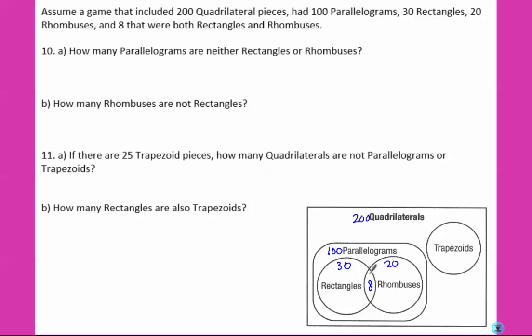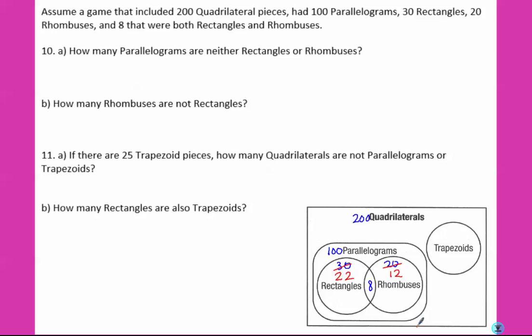Now, because of the 8 in this overlap, there's not actually 20 in this part of the circle. There's only 12 because 8 of them are accounted for in the overlap. Same with the rectangles. Because there's 30 here, but there's 8 in the overlap, there's really only 22. So now we have all the information we need to answer these questions.